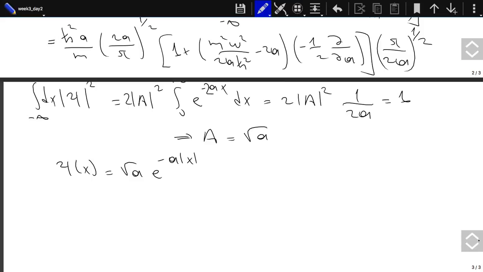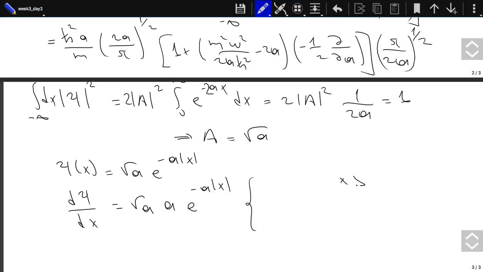Let's take the derivatives of it. What's the derivative d psi by dx? We have the square root of a, with an additional a, times e to the power minus a absolute value of x.